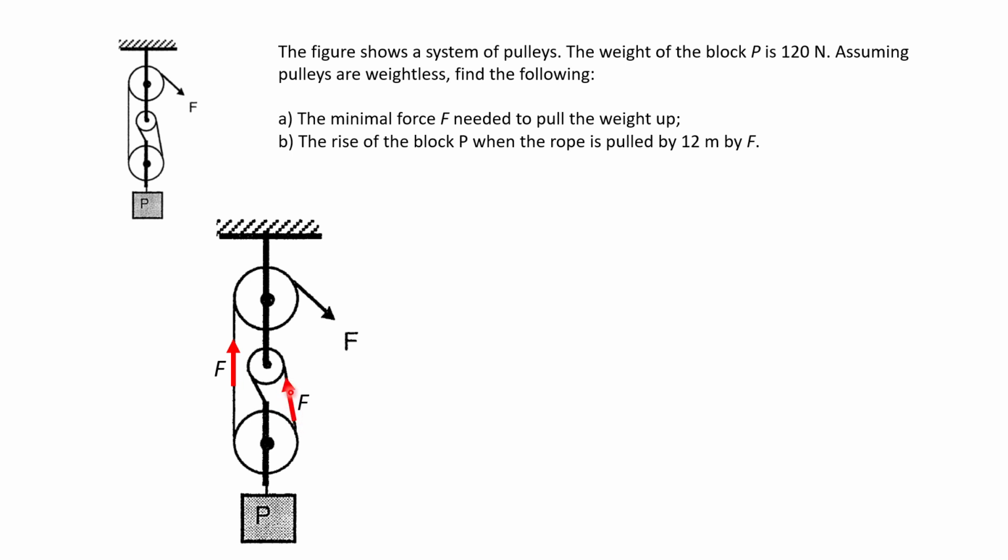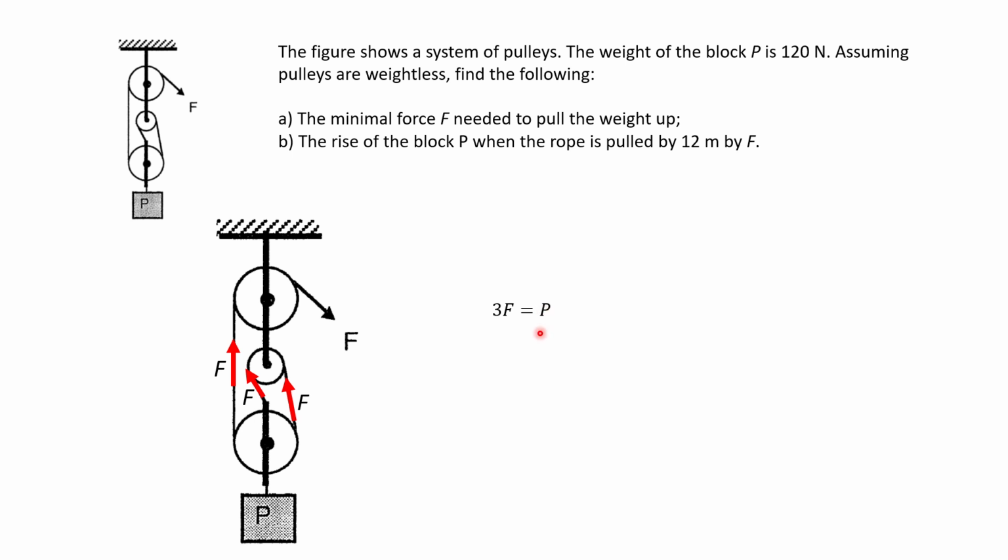So you're applying force F. Since this is a continuous rope, the same force is pulling it up here. So what we have is 3F pulling it up, and this 3F is balancing the system. Since the pulley is weightless, 3F is balancing P, or in other words, 3F equals P.